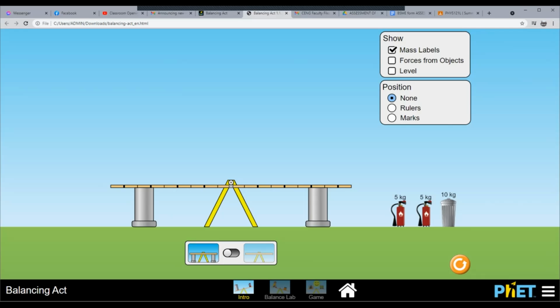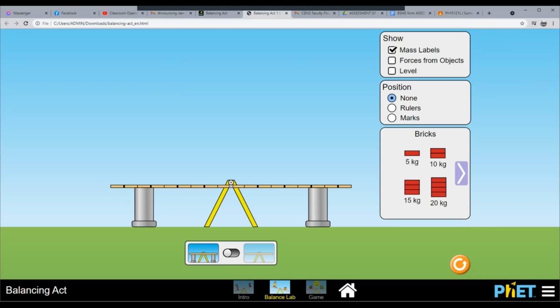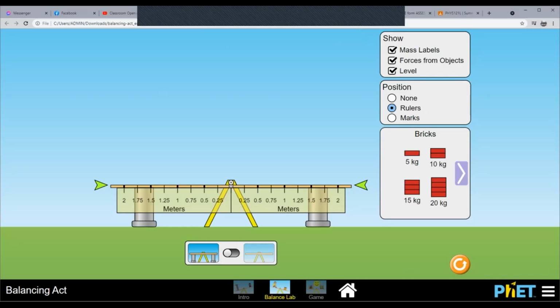Okay. Let us try having some laboratory here. We check the mass level, we check the forces from objects, we check the level, and we would like to know where we place the rulers and the marks.